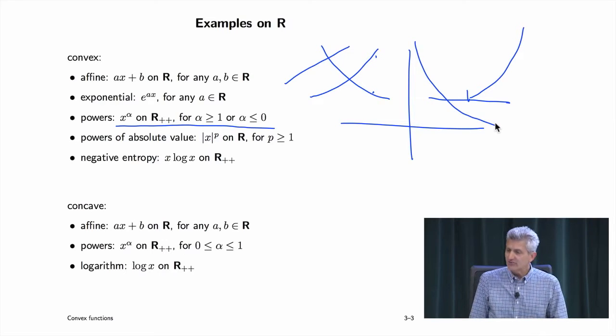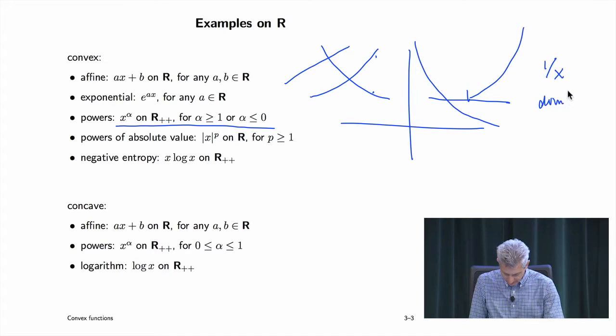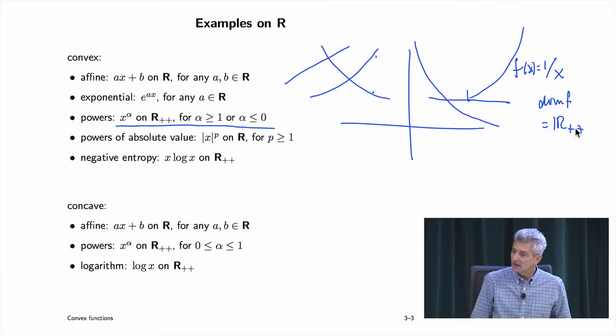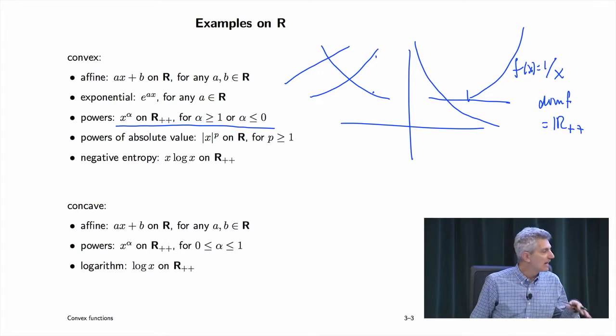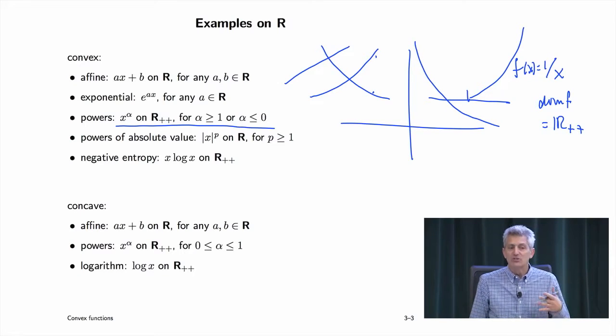And we should be careful here because when I say 1 over x, I have to say that the domain, if this is f, is R++. There's a distinction between the informal, high school algebra way of writing 1 over x and what you really mean.